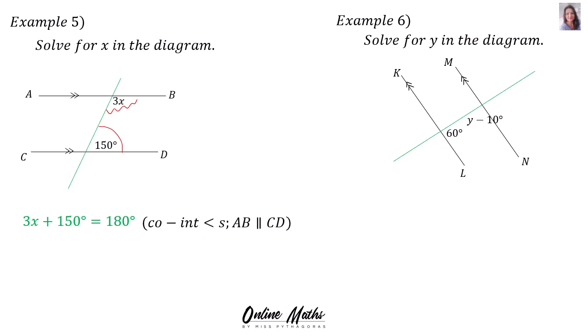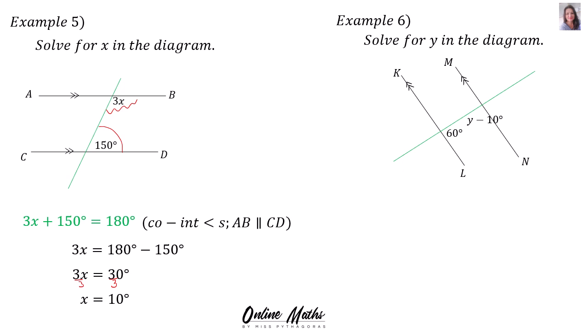And your reason, co-interior angles supplementary, since AB is parallel to CD. And then we're going to solve x. 150 walks across. 180 minus 150 is 30 degrees. And then to solve x, divide by 3, and x is 10 degrees.